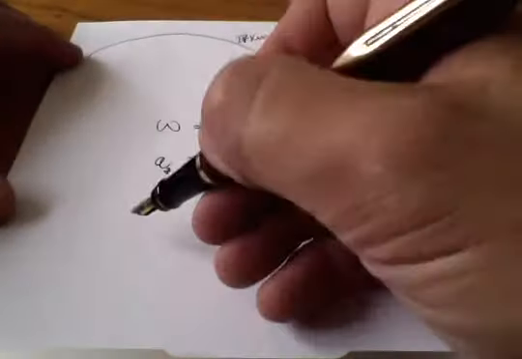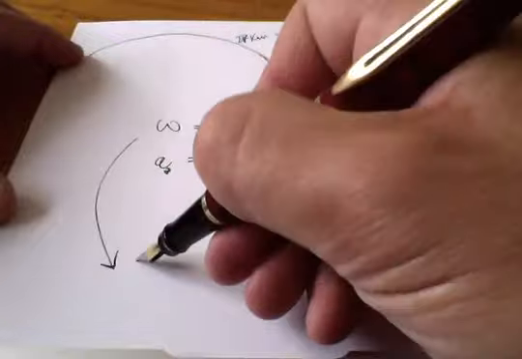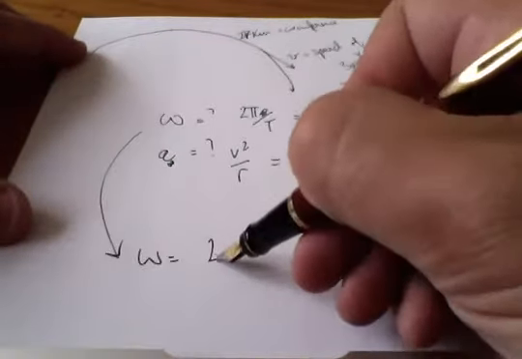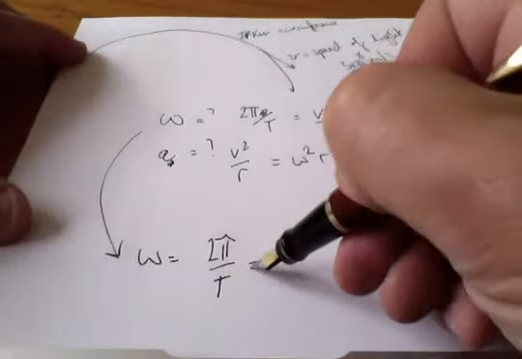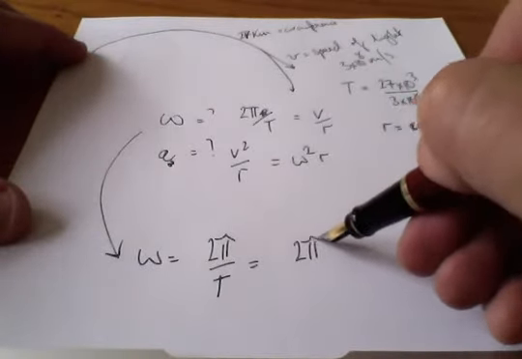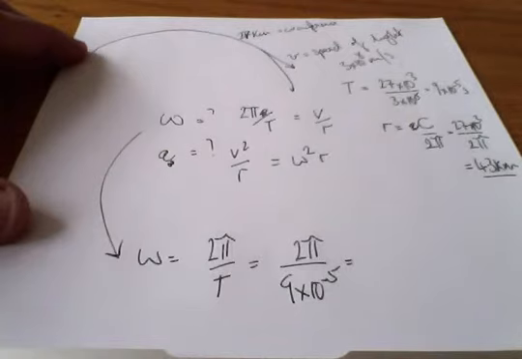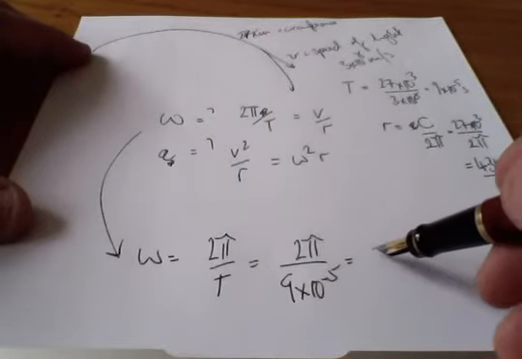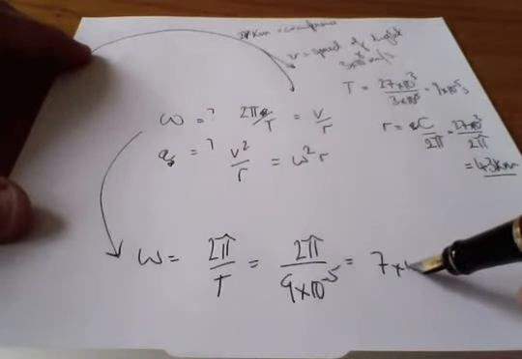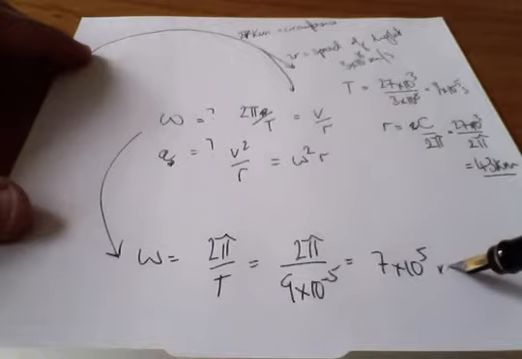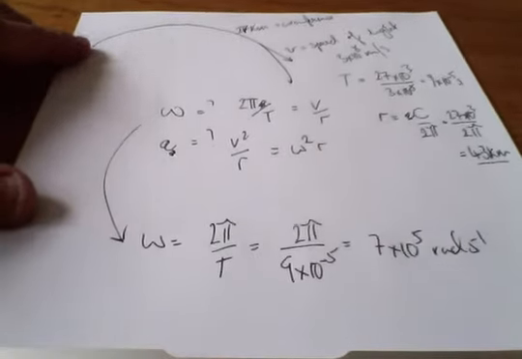Okay, so knowing what we know now, let's go and work out omega. Let's go 2 pi over T, because you'll come across that all the time. So we get approximately 7 times 10 to the 5 radians per second.